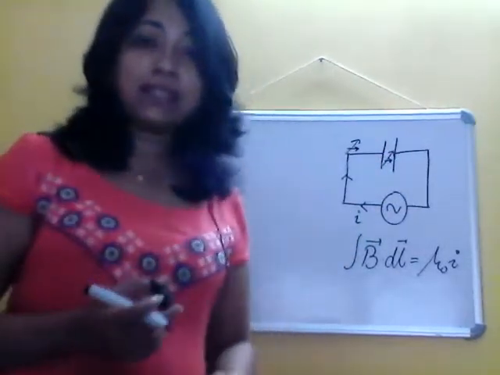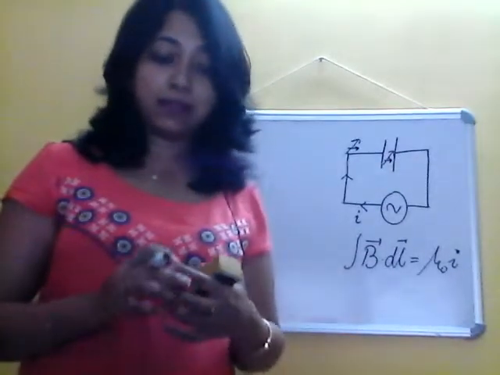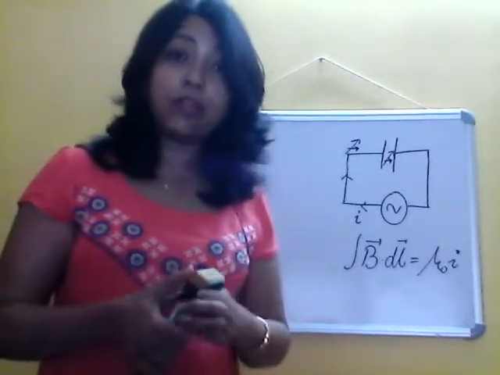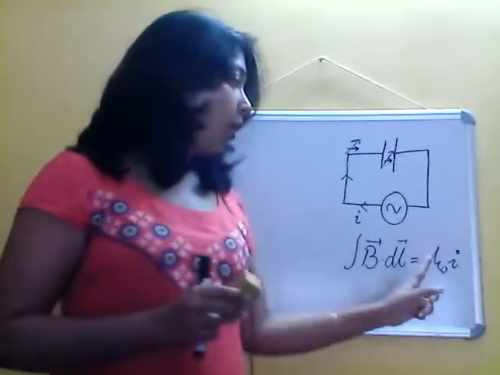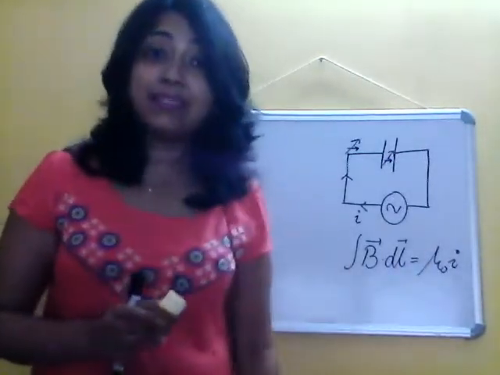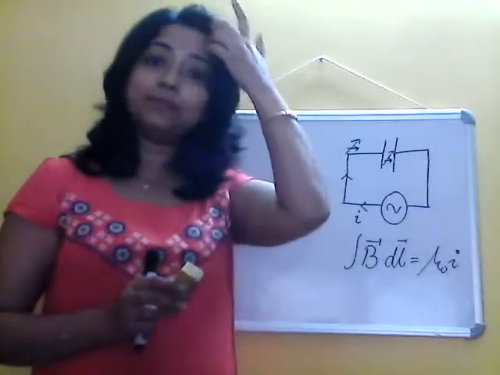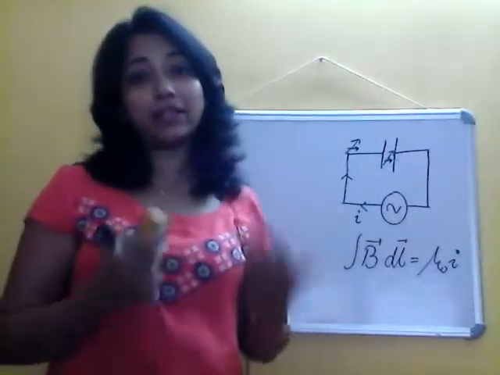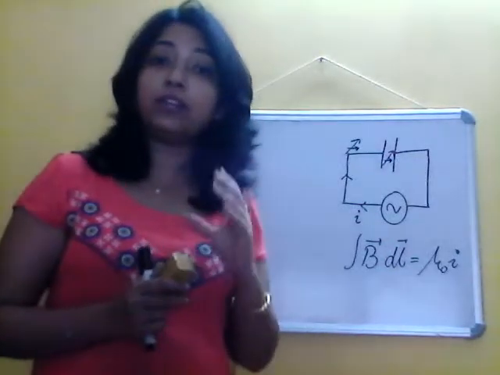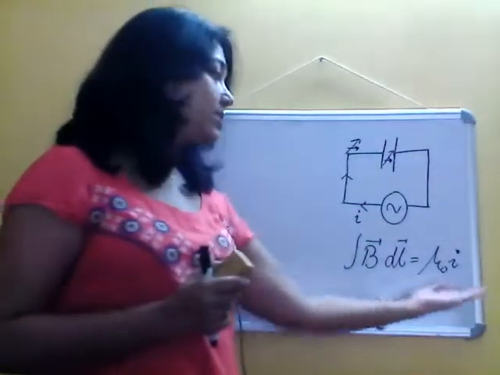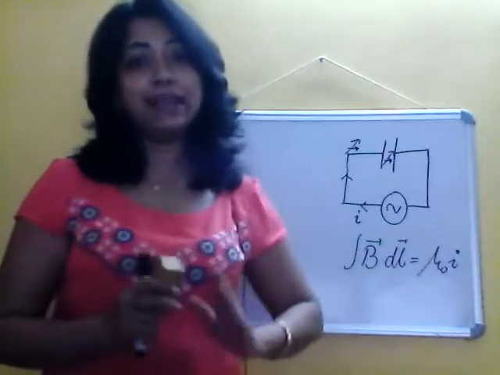So this was very surprising, and the scientists had to draw the inference that there must be something wrong or rather incomplete in this Ampere's circuital law. And this is where Maxwell stepped in. Maxwell actually introduced a new term or a modification in this law and finally completed it.